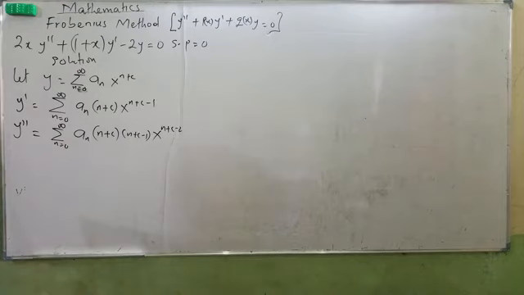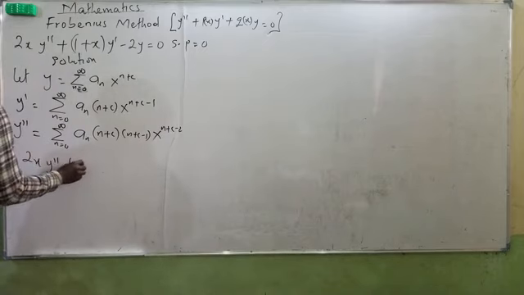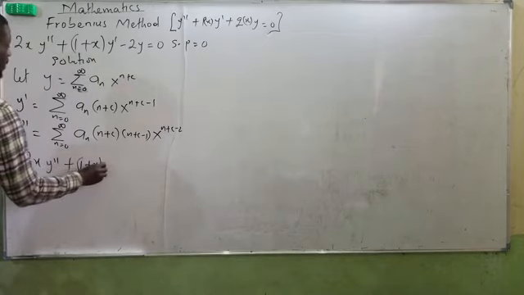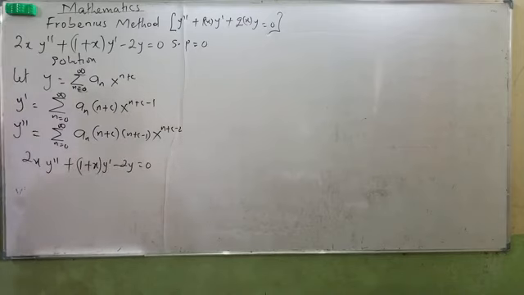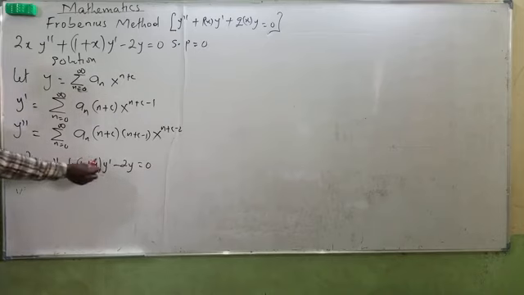Since I've done that, I will come back to the given equation, which is 2x y double prime plus (1 plus x) y prime minus 2y equals 0. Now, I will substitute y prime and y double prime into the equation.